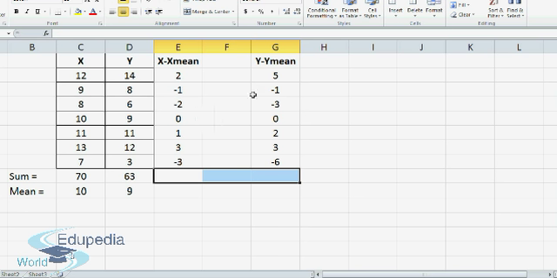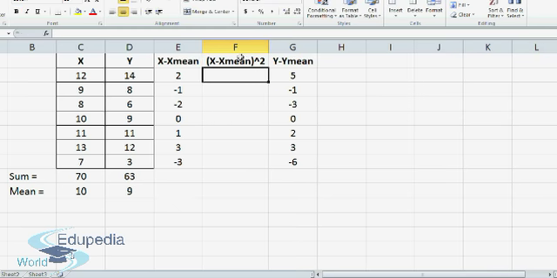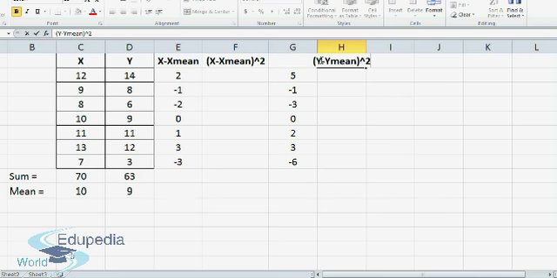Next, we also need to find the square of these terms. So let me do that here in the column in between these two. So you have x minus x mean raised to power 2. Similarly, we need to find for y, so that will be y minus y mean raised to power 2.